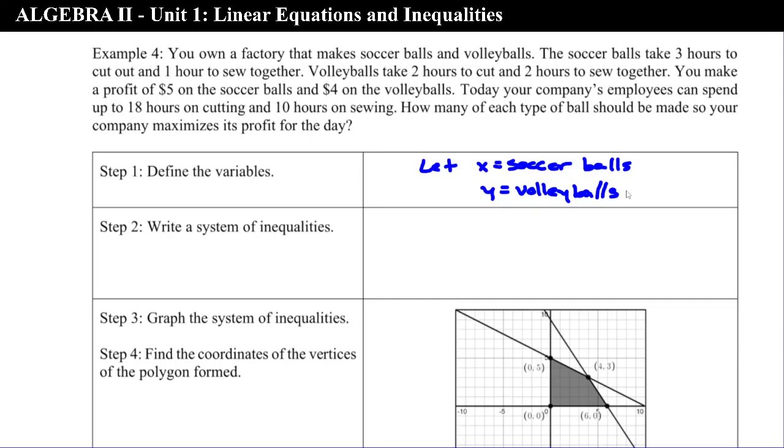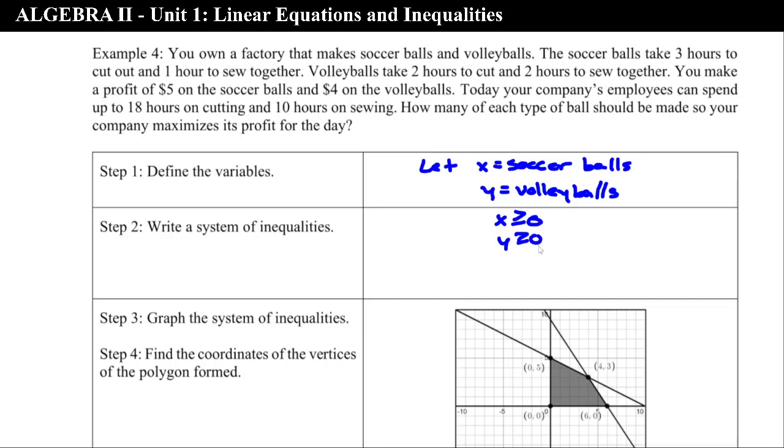So we have limits on how much time can be devoted to each of those because the company's employees can only spend 18 hours cutting and 10 hours sewing, and it takes so long to do one of each of those. So here's what we're going to do. Since we're talking about time, the first constraints we can start with are x is greater than or equal to 0 and y is greater than or equal to 0.